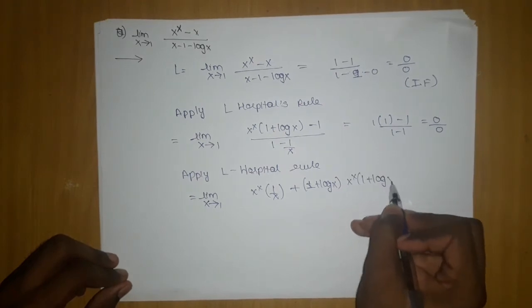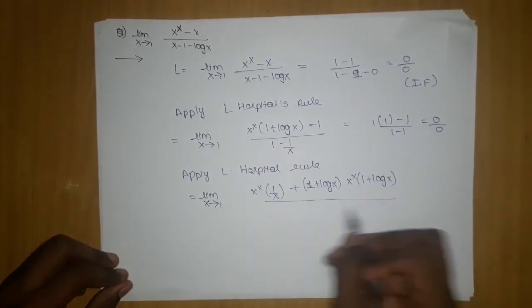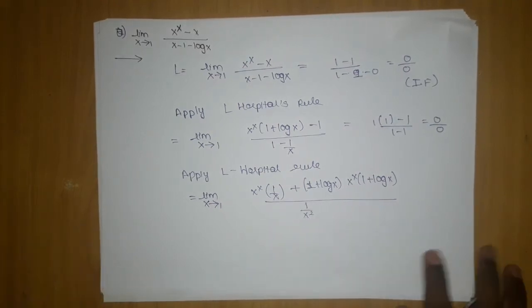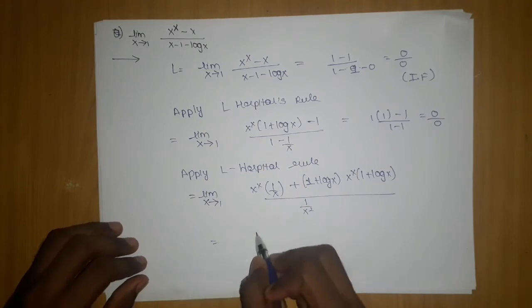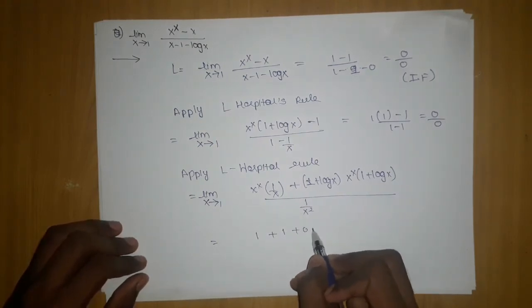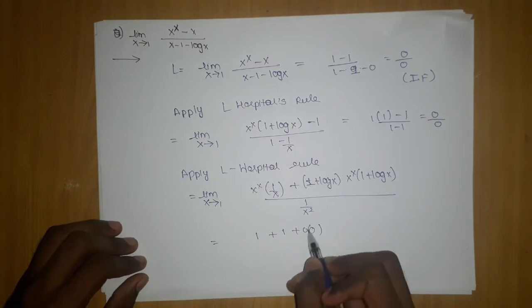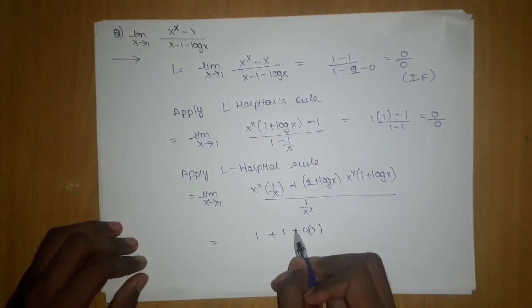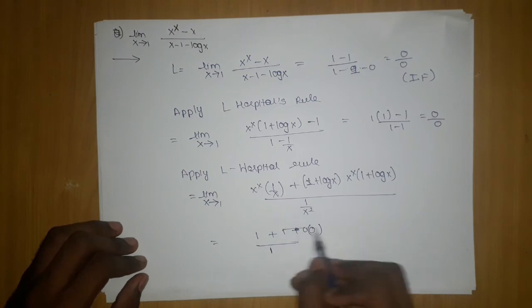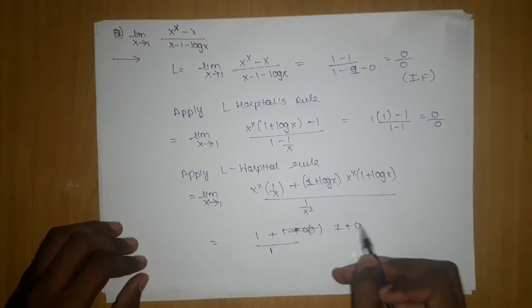I have told you to memorize this thing, upon 1 upon x square. If I substitute 1, I get 1 plus 0, this whole thing into 0, so complete 0.